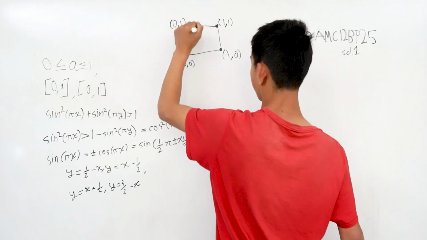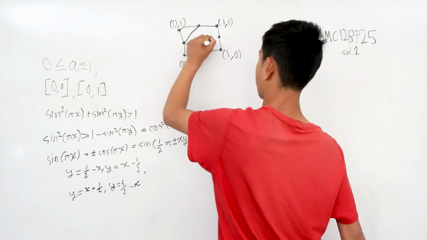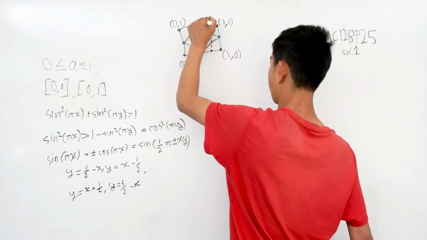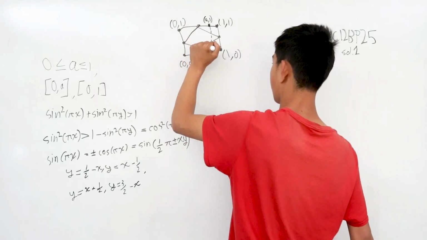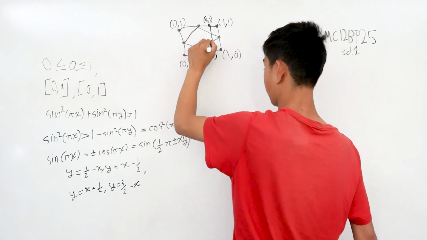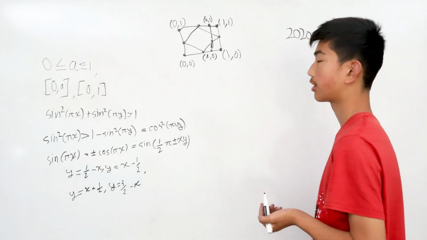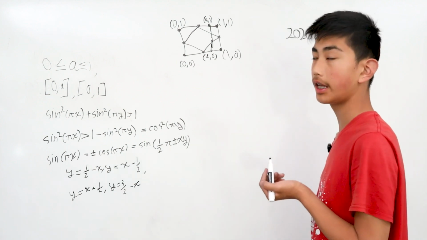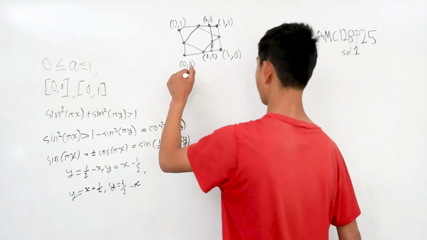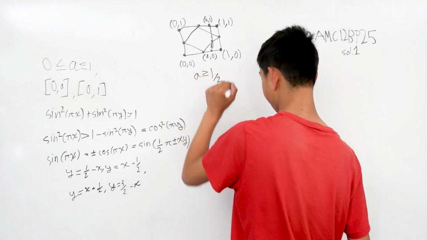We're going to have some sort of diamond in the middle, and we have the points a that make a line from (a, 0) to (a, 1). So what we notice from this, although it looks slanted, if we just imagine it's a square, is that to maximize the probability of this being greater than 1, a has to be greater than or equal to 1/2.